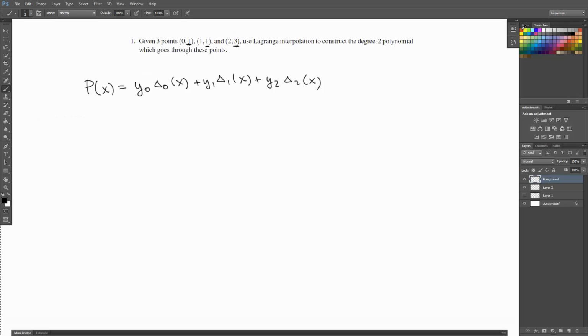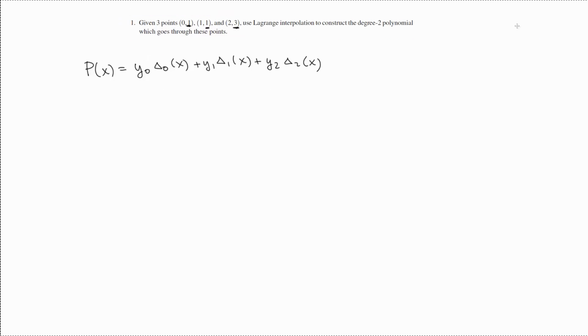Delta 0 is going to be given by x minus x1 times x minus x2 all over x0 minus x1 times x0 minus x2.